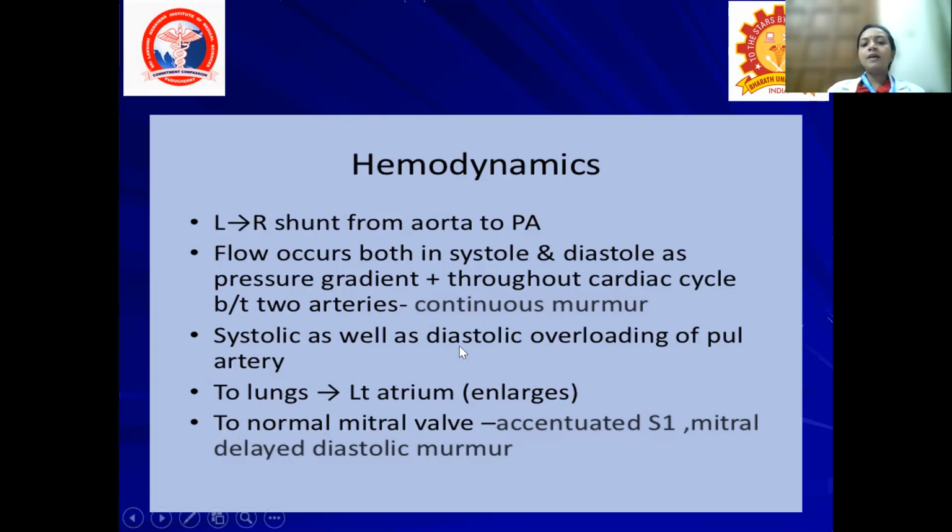The systolic as well as diastolic overloading of the pulmonary artery results in increased blood flow to the lungs and thereby to the left atrium, where left atrial enlargement occurs, and more blood traveling across a normal mitral valve results in an accentuated S1 and a mitral delayed diastolic murmur.